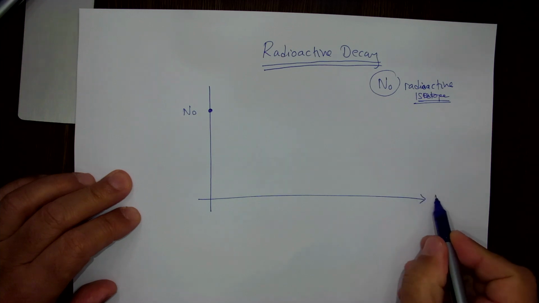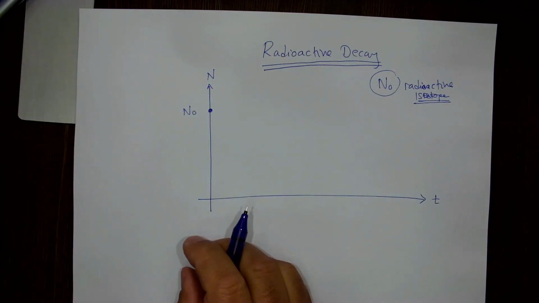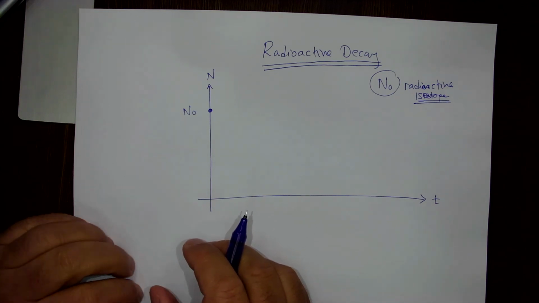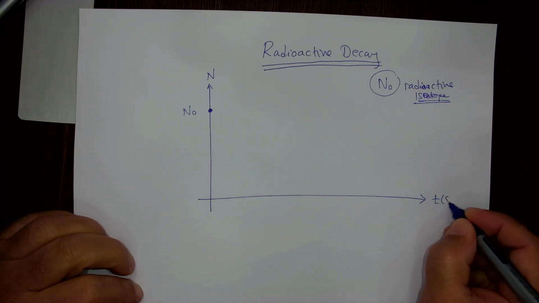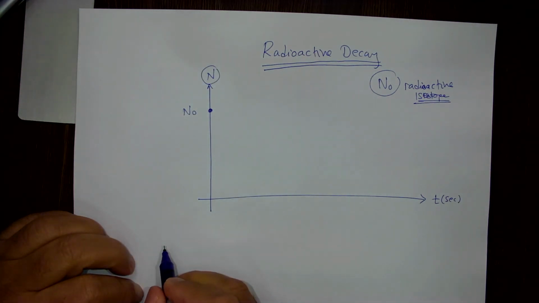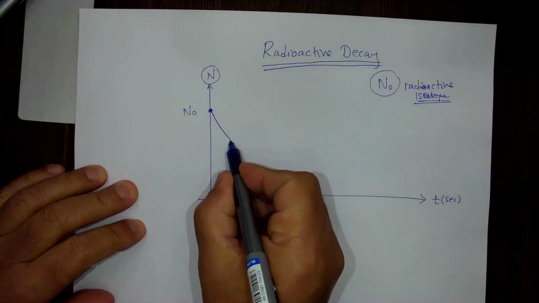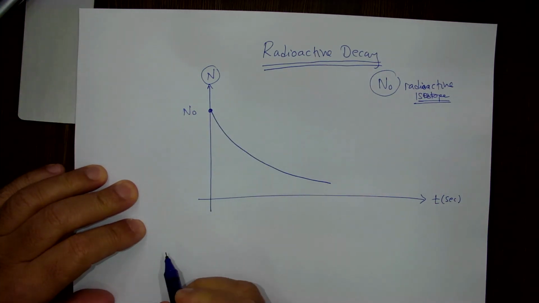And then over time, so this will be your N, right? N is, which is time in seconds, and this is the number of particles at any point of time. And radioactive decay will simply be something like this, right?